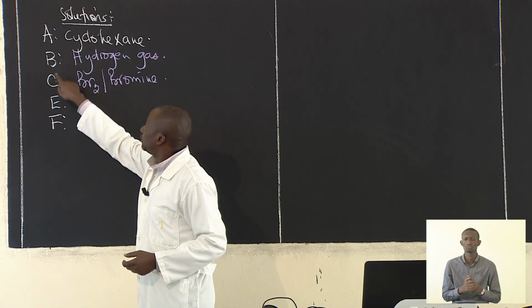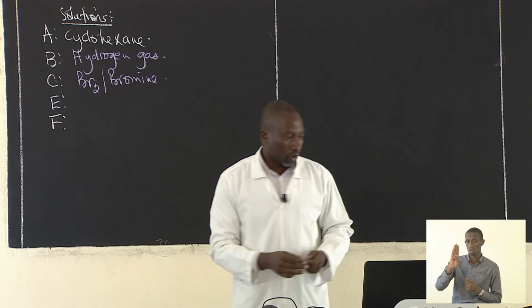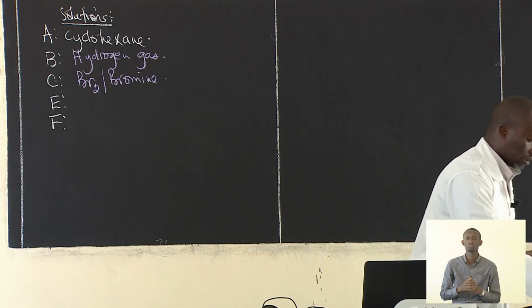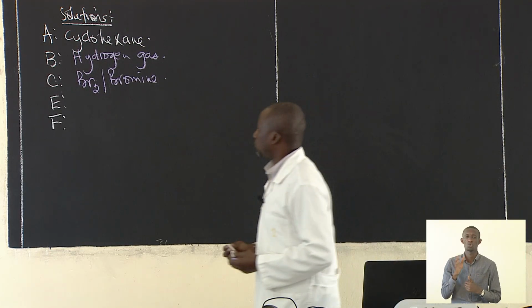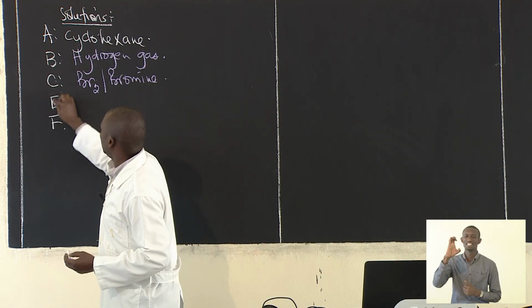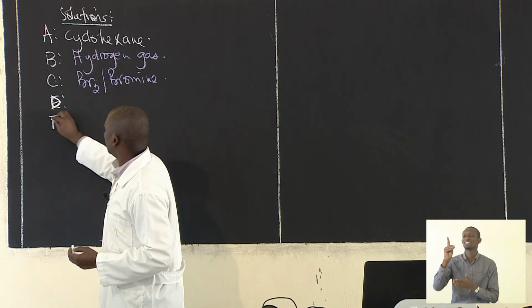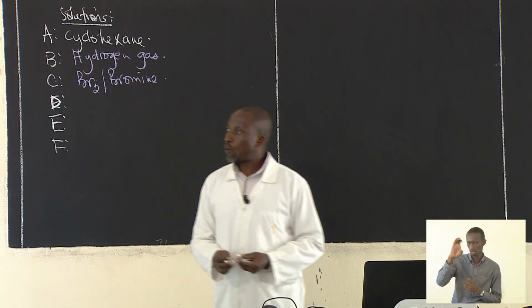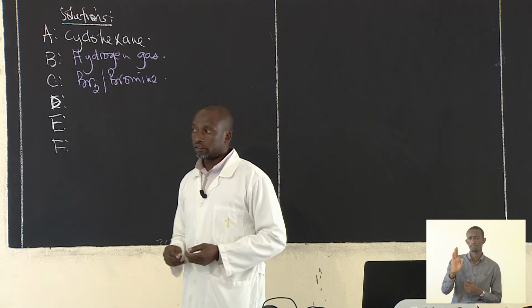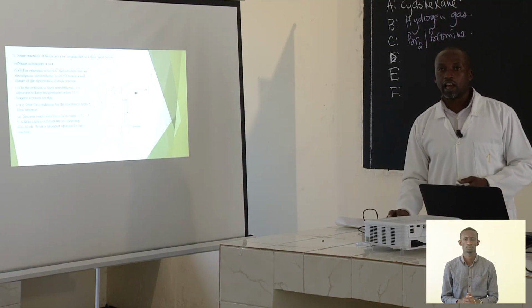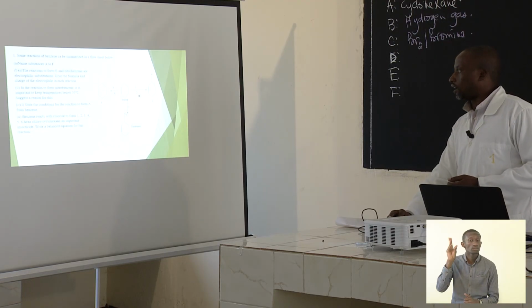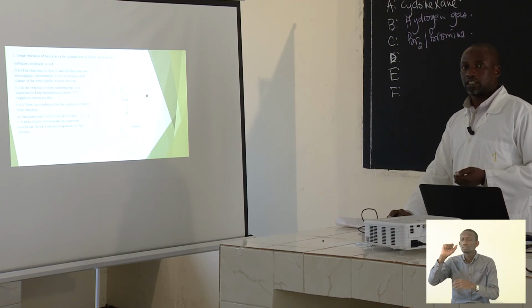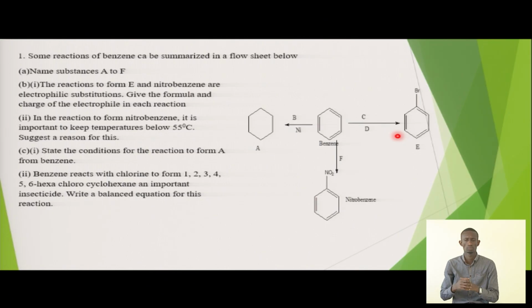A, B, C, you're supposed to go to D instead of E. That is not proper alphabetic. C, this is D, E, and then F. D is where? So D must be a halogen carrier, which is used as a catalyst, and it has to be a Lewis acid.